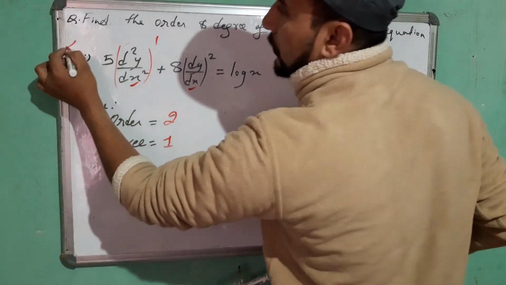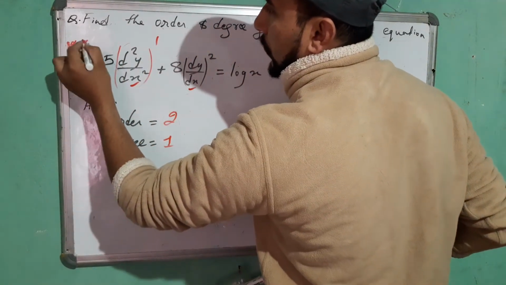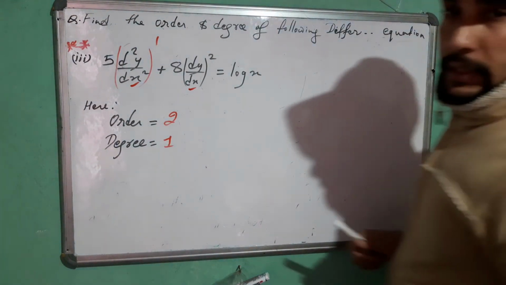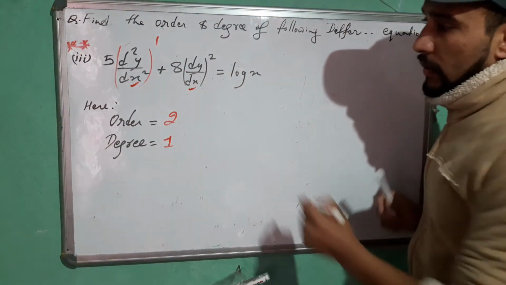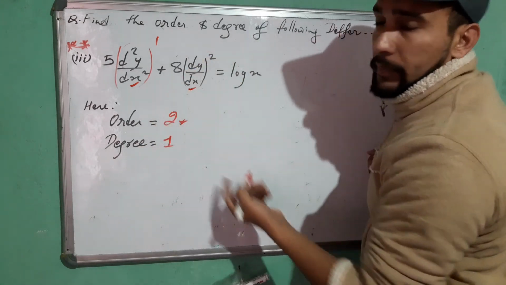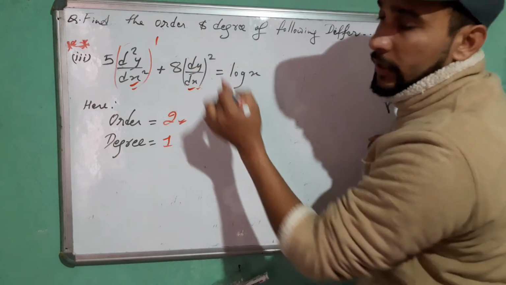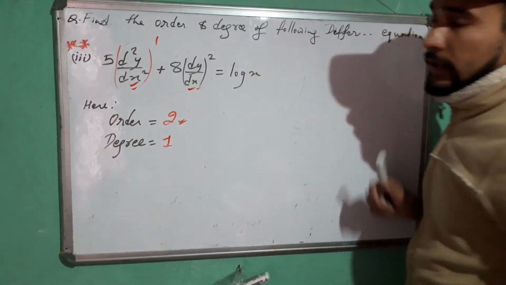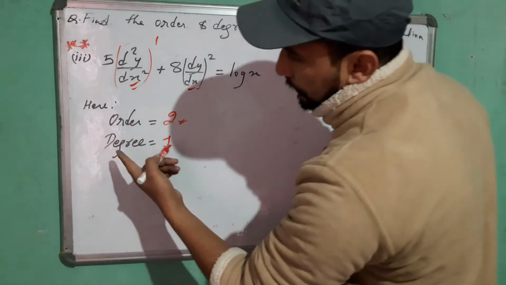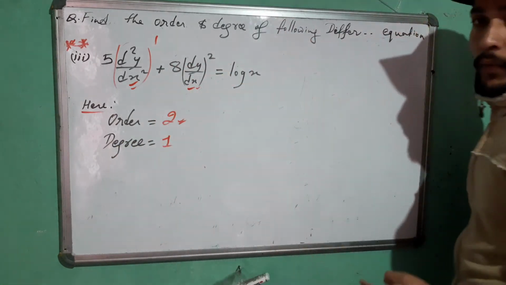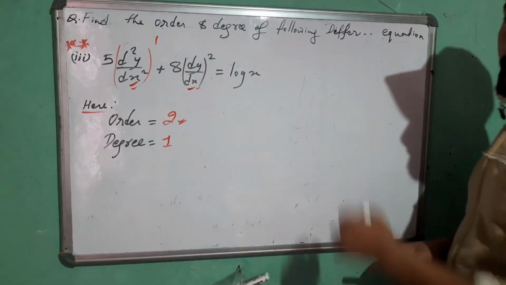So this question is very, very important. From here you can understand degree and power, order and degree clearly. Order means the highest derivative present in the equation. So highest, this is first and this is second derivative, so 2 is the highest derivative. Okay, and degree means the highest power of highest order derivative.